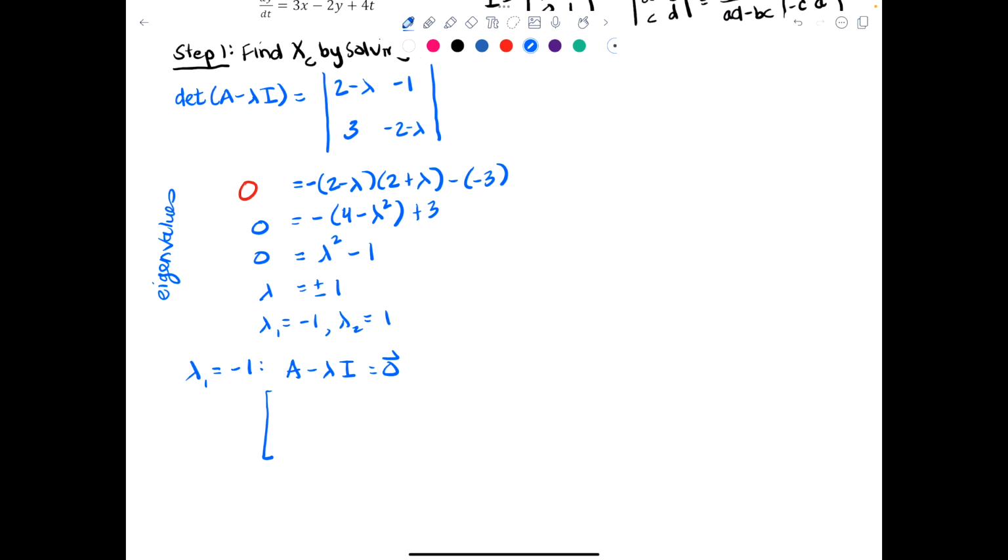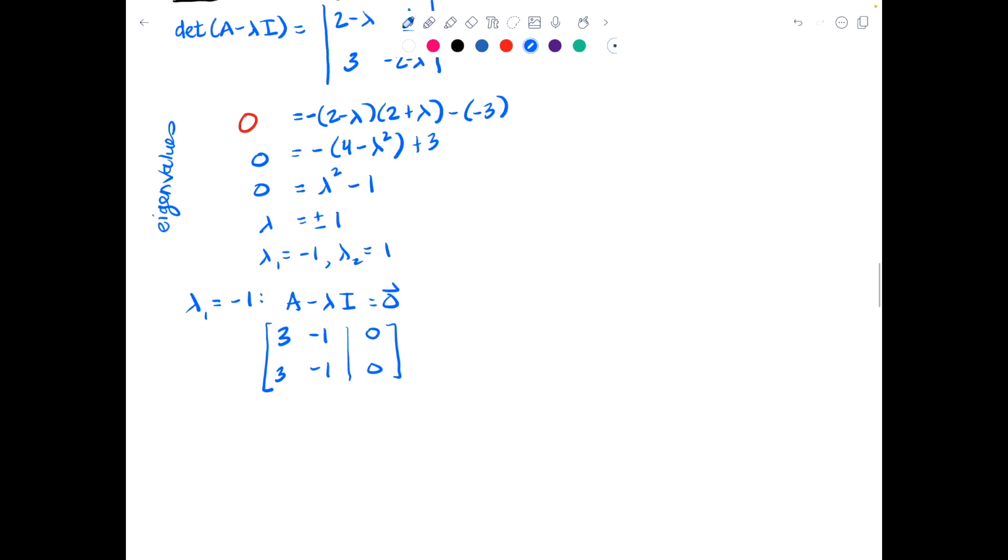Plugging in negative 1 for lambda, we'll have 2 minus negative 1, so we get 3, and then negative 1 and 0, and then we'll have 3. Negative 1 minus a negative 1 will give us a negative 1 and 0. Cool so far?